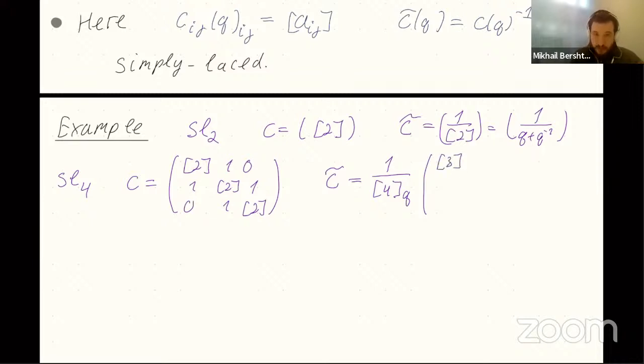So here we have 3. Maybe I should write q here. Here we have 3. Here we have 2. Here we have 1. Here we have 2. Here we have 1. Here we have 3 plus 1.